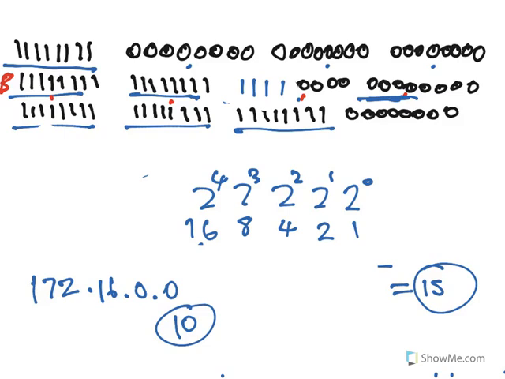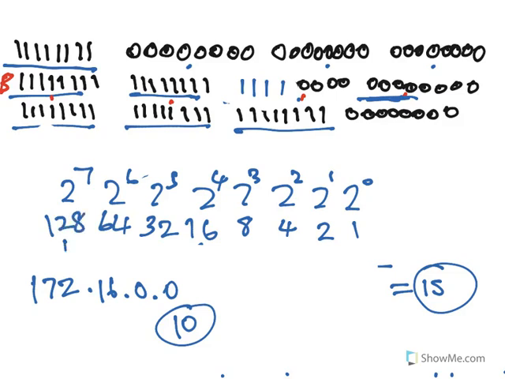Well, this becomes 2 to the 5, 6, and 7. So that becomes 32, 64, 128. 1, 2, 3, 4, 0, 0, 0, 0. Just like this up here, right?